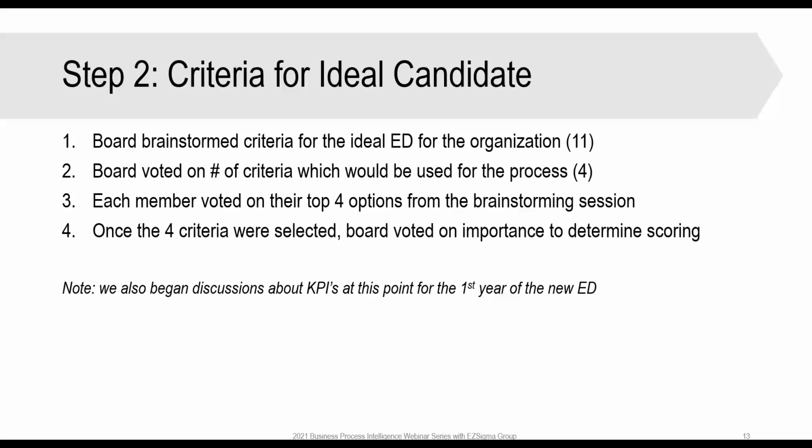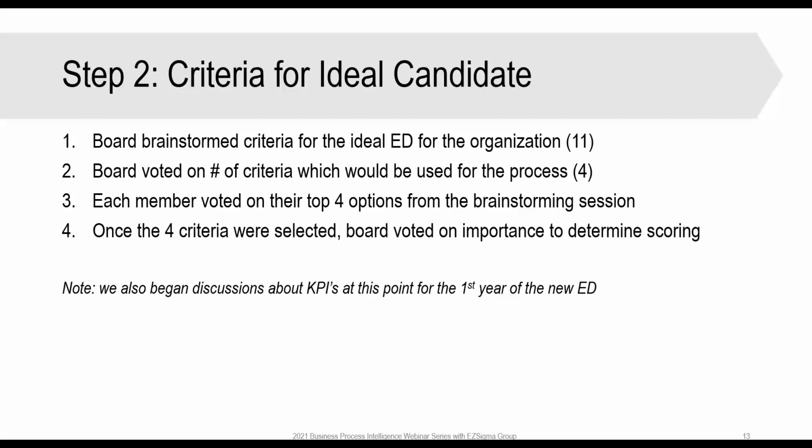So the board voted on their top 4 pieces of criteria that was most important for this new ED. And then from there, we went through and decided, well, which of these 4 is the most important? So we did kind of a 2-step voting process with that.